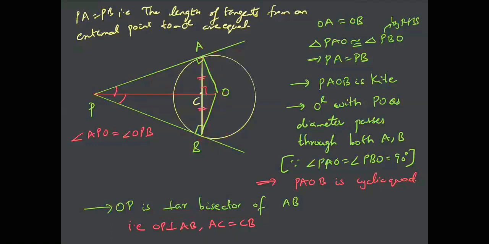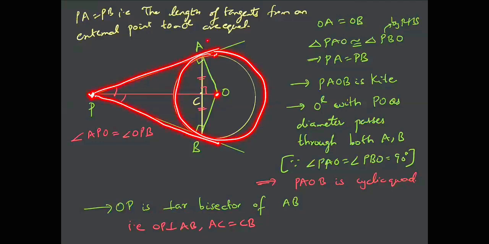Let us just once again discuss what we have done. There was a circle initially. This was the center. From an external point P, we have drawn two tangents and the points of contact are A and B. Since OA is equal to OB and these two are perpendicular, we proved that triangle PAO is congruent to triangle PBO.